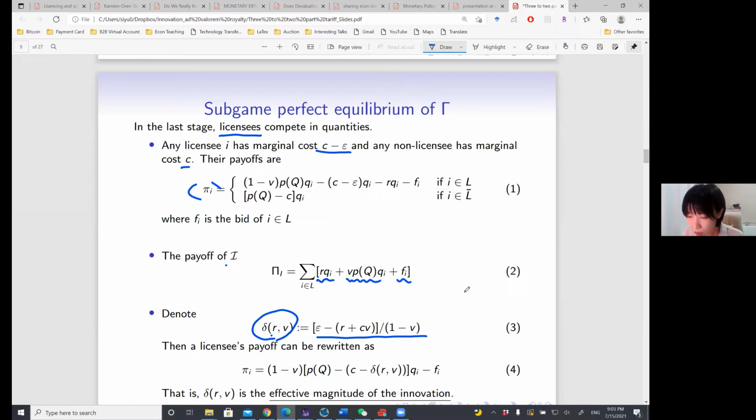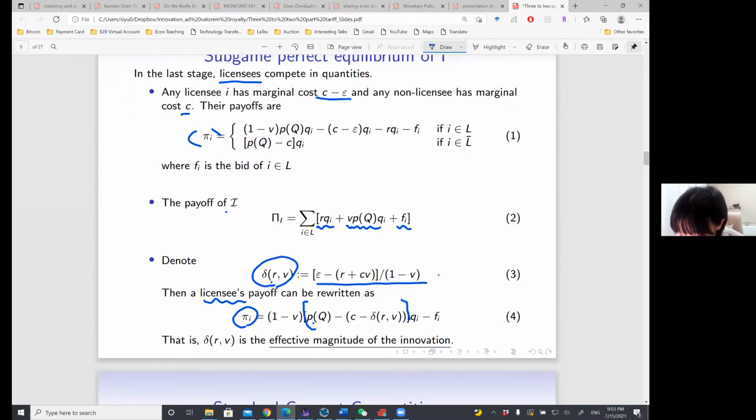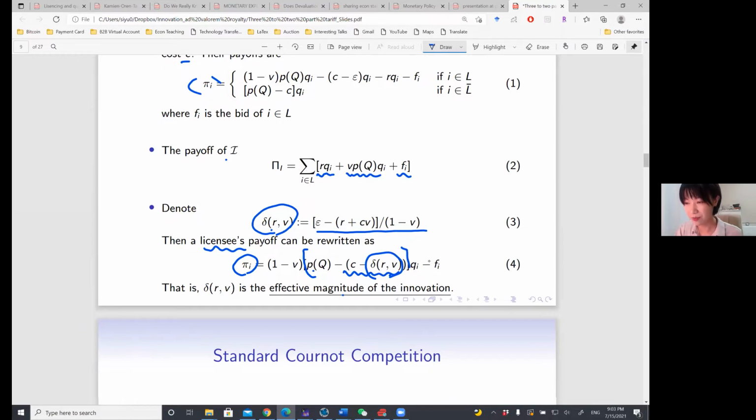With this notation, we can rewrite the profit function of a licensee. In the bracket, we see P minus C minus delta, so this is the effective marginal cost. We call delta the effective magnitude of innovation. That is to say, effectively, this technology reduces the cost by delta. So this is an important term, delta.